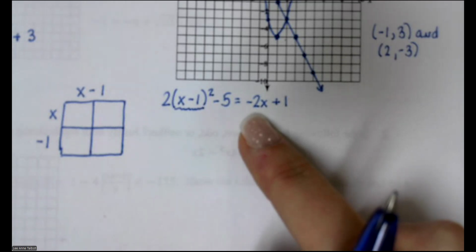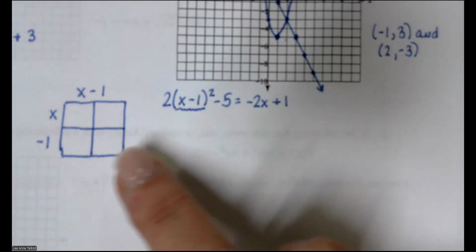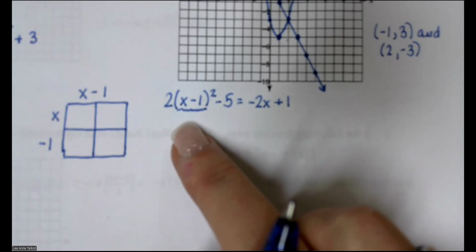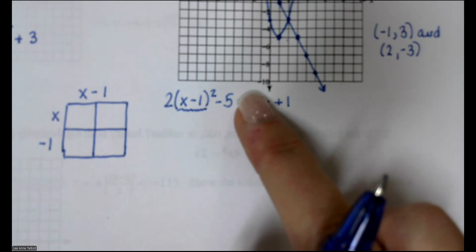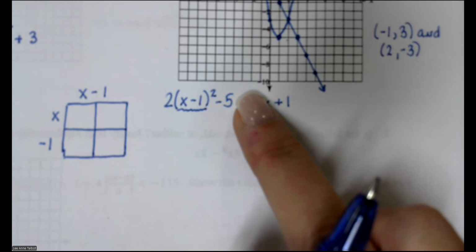Because there's an x here, it has to be combined with the stuff from this box. So you have to do the box. If this was just a 1, if it was just a constant, you could solve by square roots. Okay, so again, if this is just a constant, you can solve by square roots.